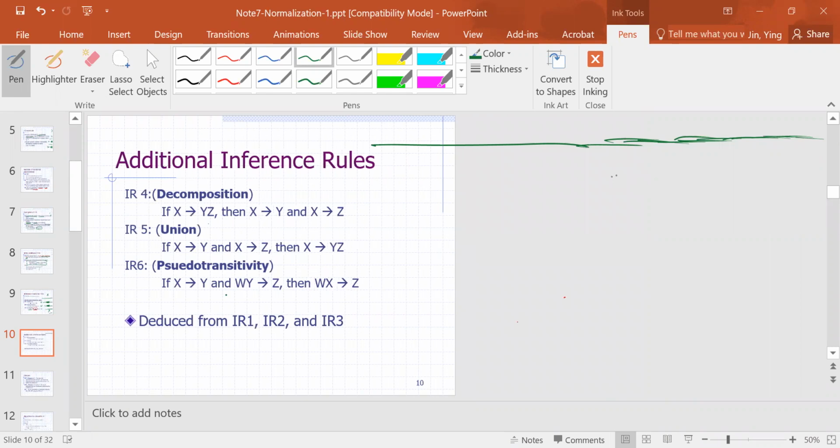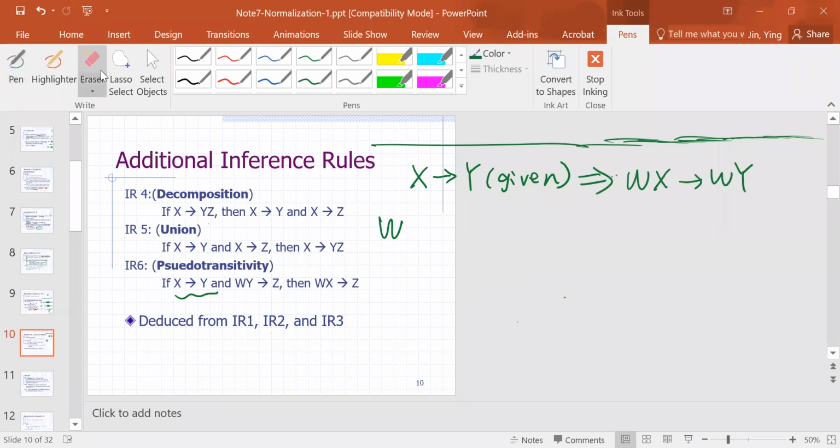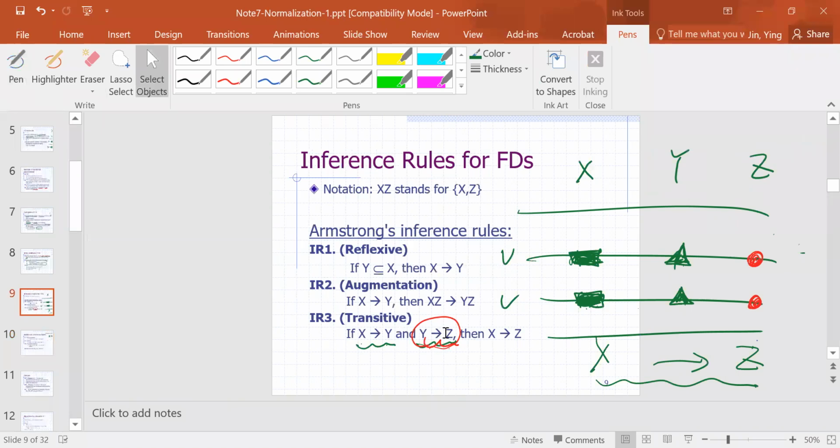Okay, so let's see. This part has X to Y, and this is given. So what I'm going to do is put a W here. So I'm going to put WX to WY here. I know this is true because I put the same thing on both sides, right? That's actually coming from IR2.